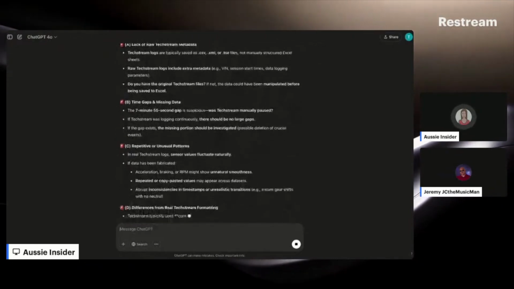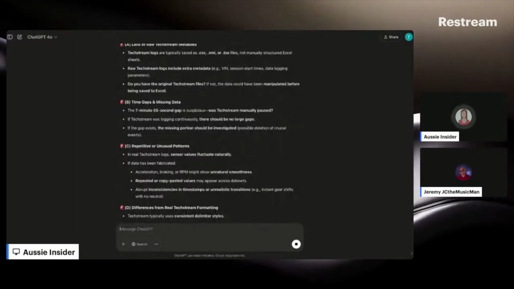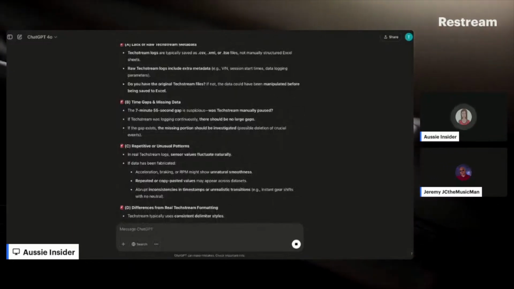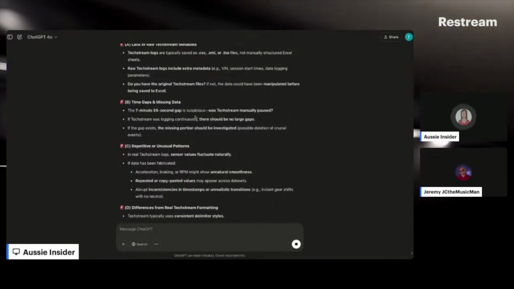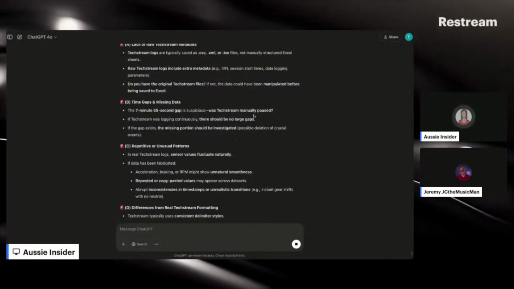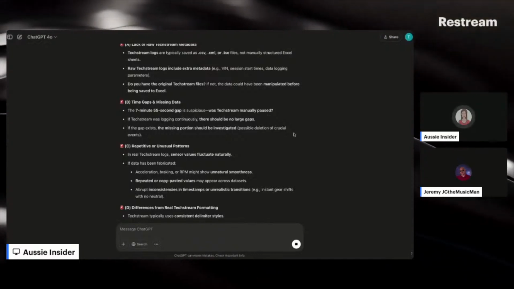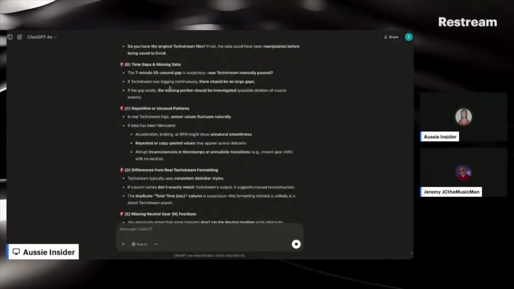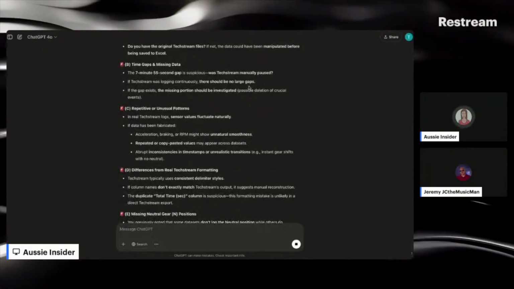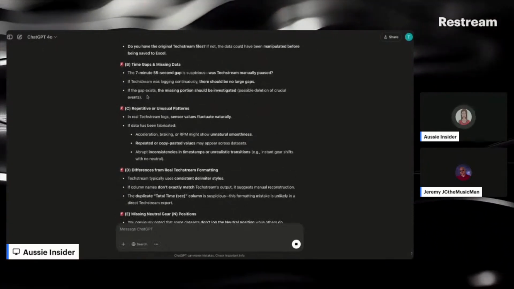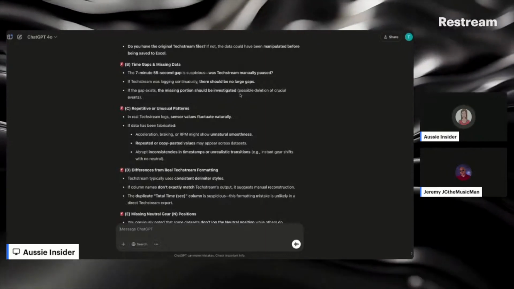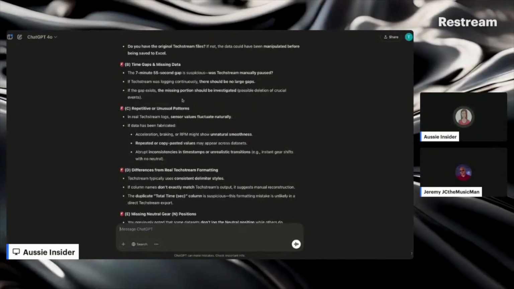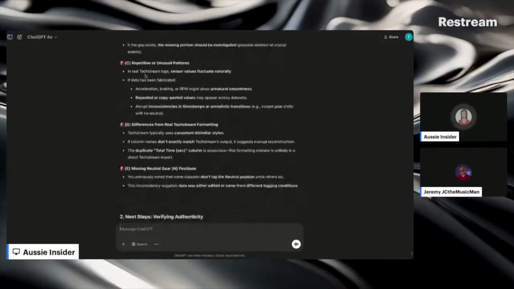No metadata. B, the time gaps and missing data. The 7-minute, 55-second gap is suspicious. Was Techstream manually paused? If Techstream was logging continuously, there should be no large gaps. If the gaps exist, this missing portion could be investigated for possible deletion of crucial events.